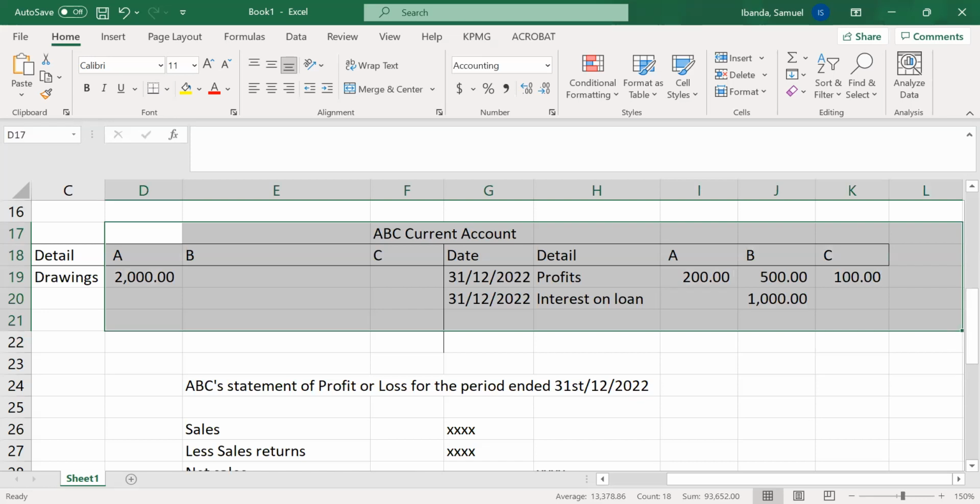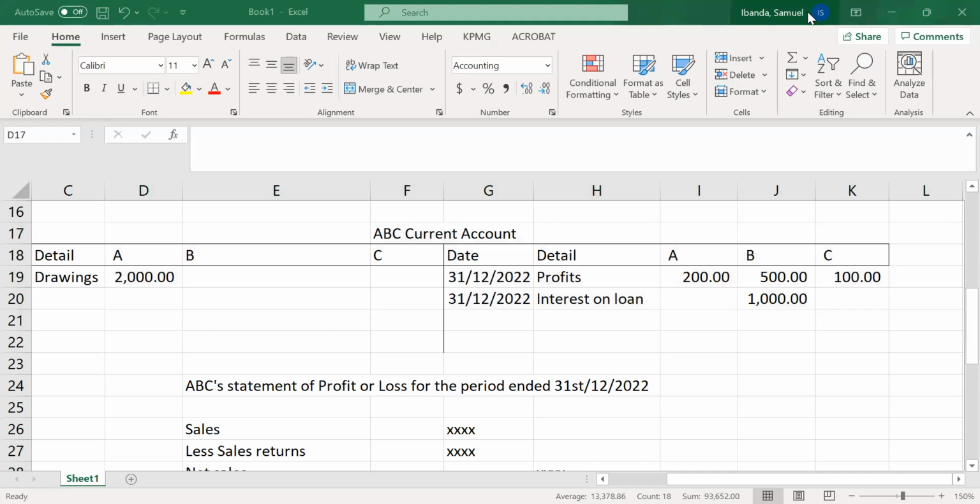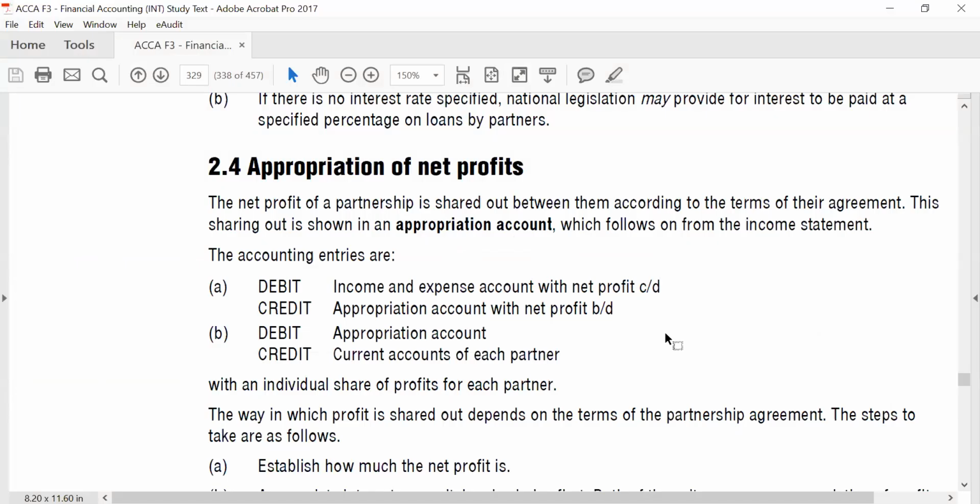That's why they are calling a debit and credit, okay? You can have your appropriation account drawn like that. Though this has changed over time. We usually have one that is basically in a vertical format, okay?